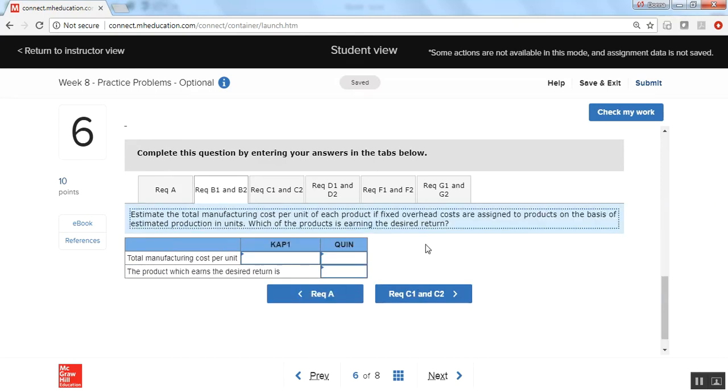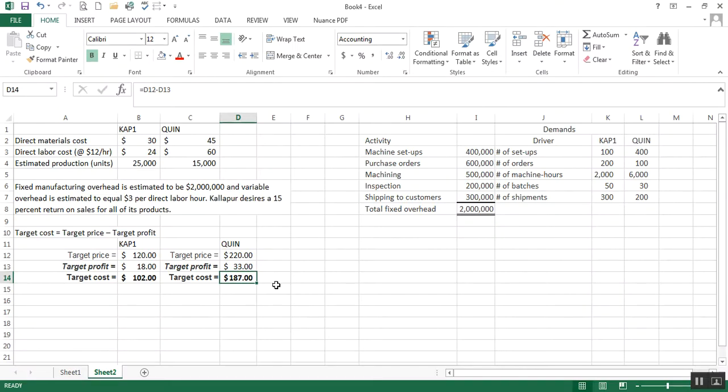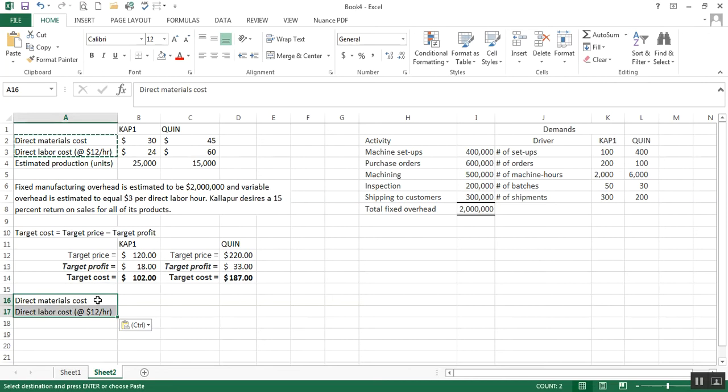So estimate the total manufacturing cost per unit of each product if fixed overhead costs are assigned to the products on the basis of estimated production units. Which of the products is earning the desired return? So you'll remember that there are three things that go into our product costs: direct materials, direct labor, and then overhead.